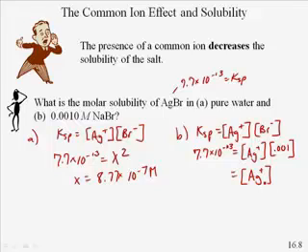It's going to be 1-to-1. So 7.7 times 10 to the minus 13th divided by 0.01 gives 7.7 times 10 to the minus 10. So as you can see here, if I have a common ion, as you would expect, it's going to shift the equilibrium to the left, which means not as much of the solid is going to dissolve.